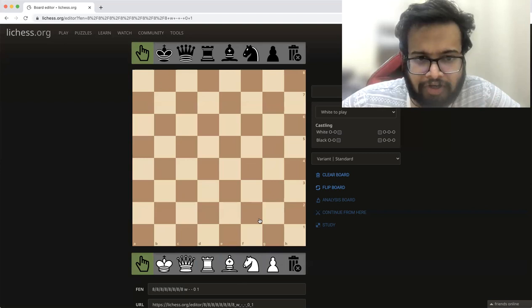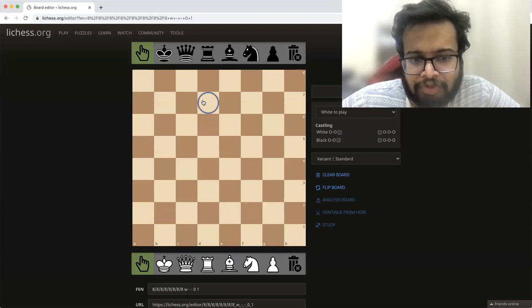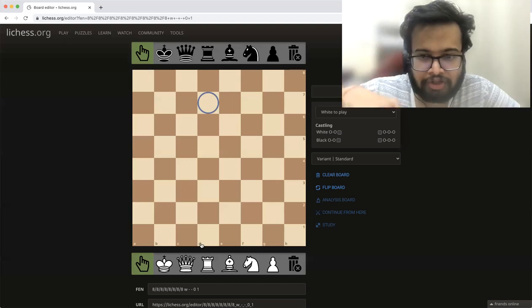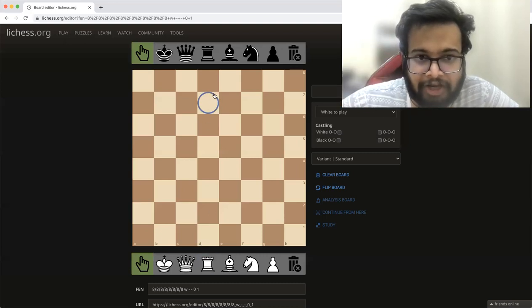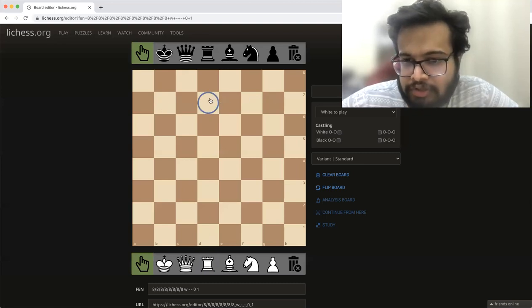So when I talk about this square, this square is on D, right? And what do we call that D? D file. This square is on D file, right? And if we look horizontally, then this is on the seventh rank.